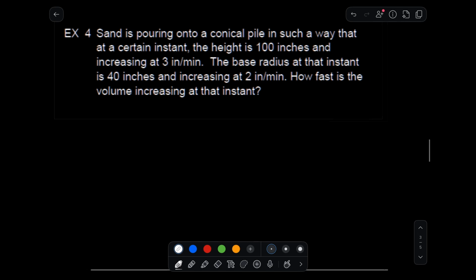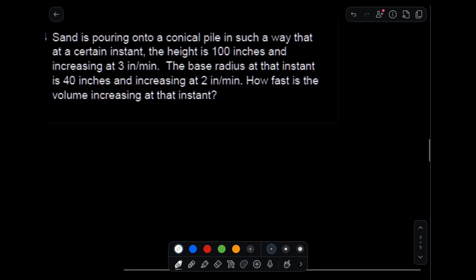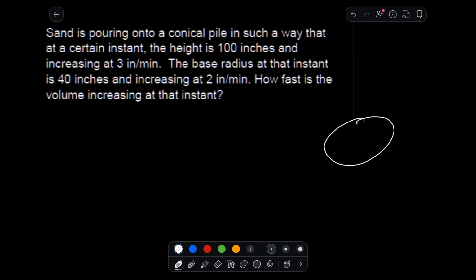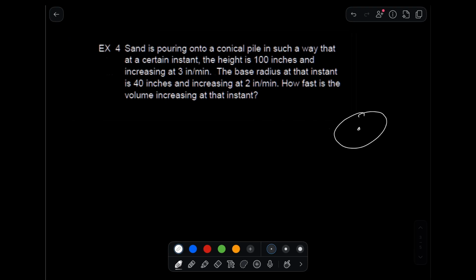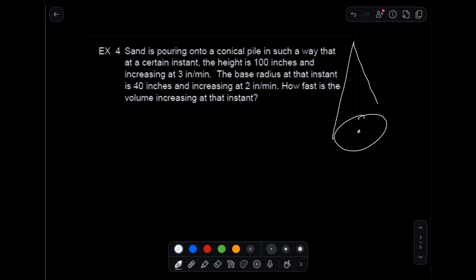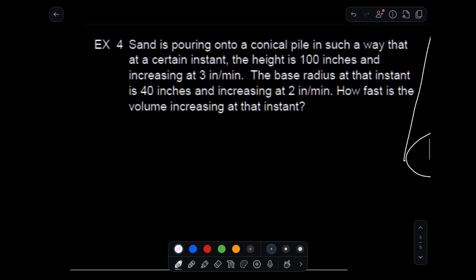Before you even start, I'm going to try to visualize this myself because I want to see what the heck is going on with this problem. So we have some sort of conical pile of sand, right? Let's get some of our units as well.